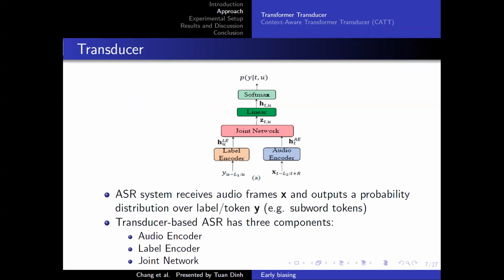An end-to-end ASR system receives a sequence of audio frames X and outputs a probability distribution over a sequence of tokens Y, for example, subword tokens. A transducer-based ASR system has three main components: an audio encoder, a label encoder, and a joint network.